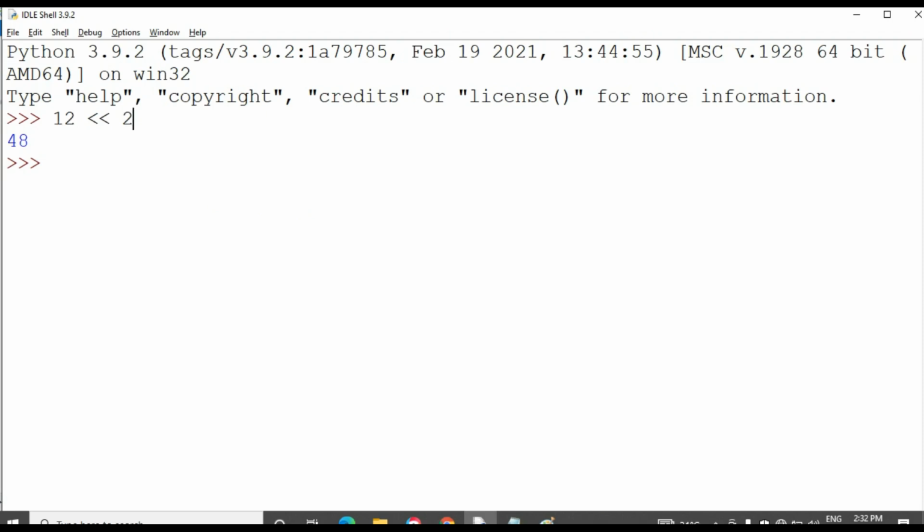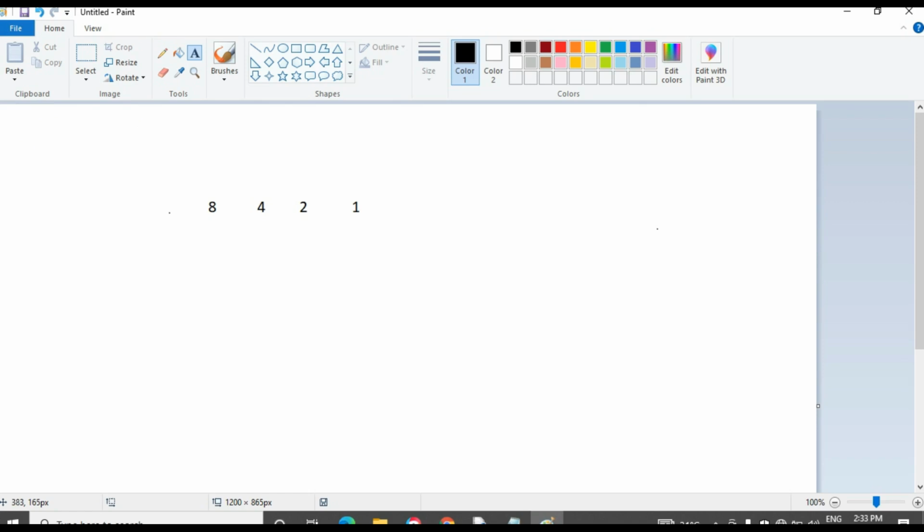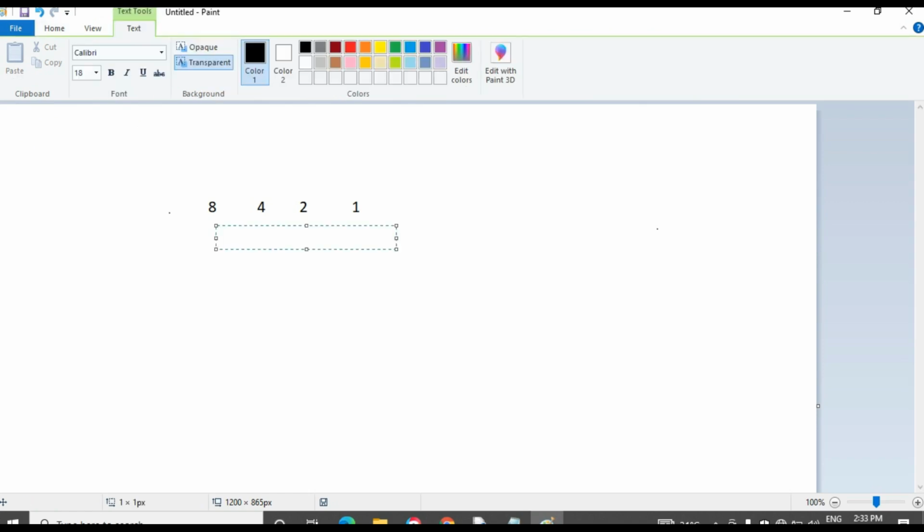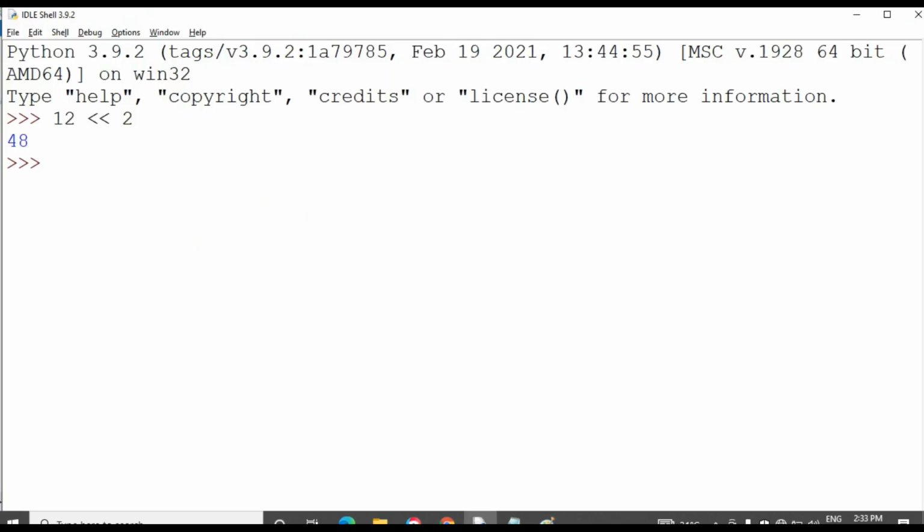That means you have to shift the elements to the left side by the second position. I'll show you how the operation will be performed.